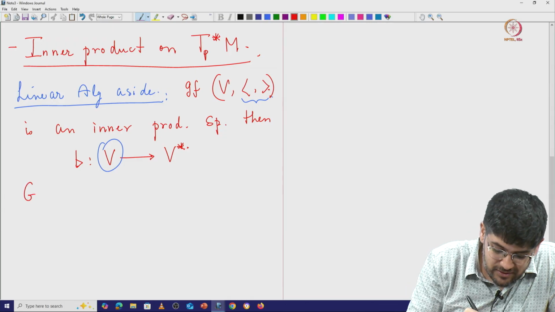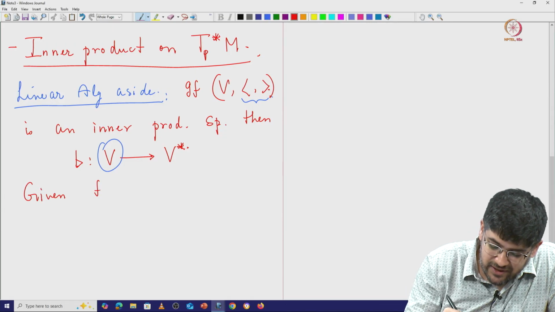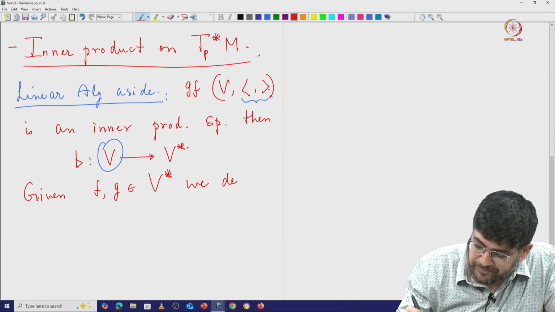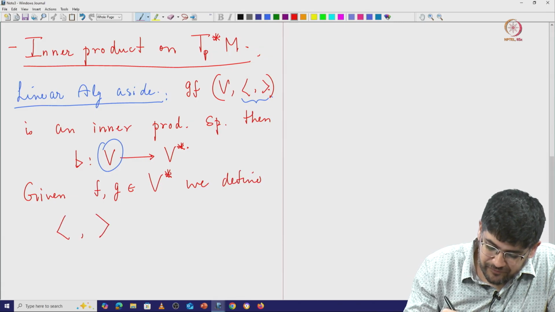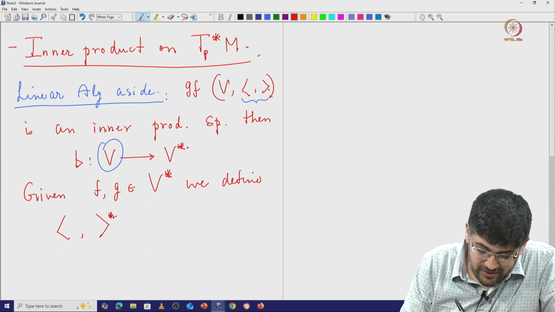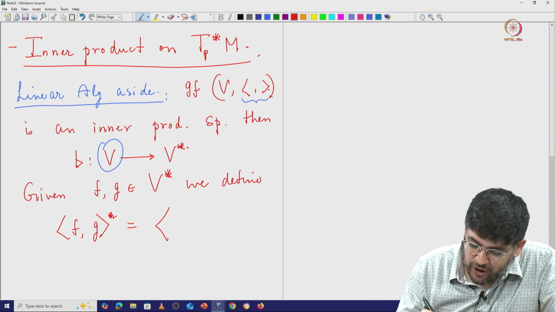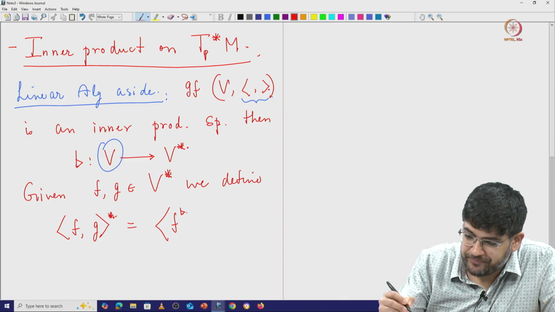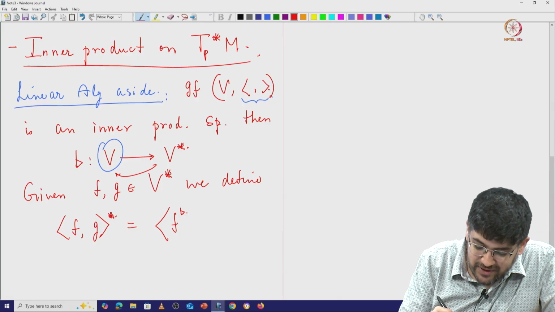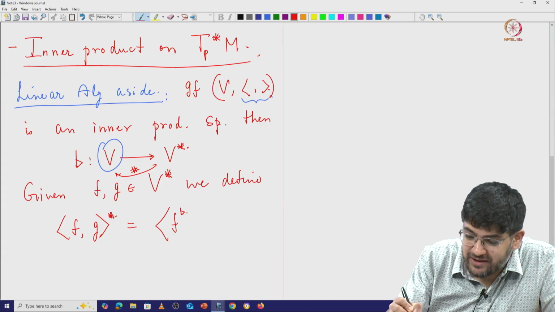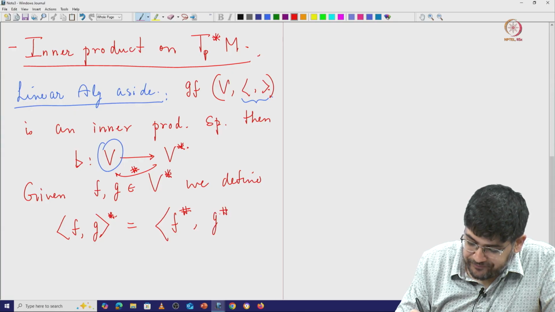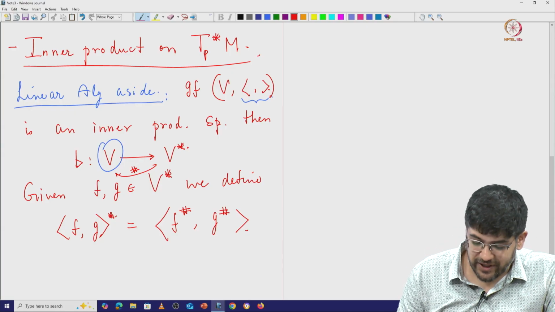So given, let us say, f and g in V star, we have this dual inner product of f and g, which is simply the inner product of, so you have this operator, and then you have the inverse which is given by the sharp operator. So you simply define it to be this, right.